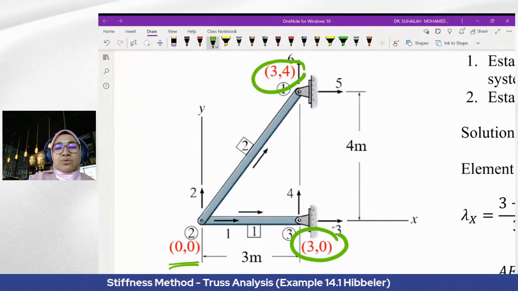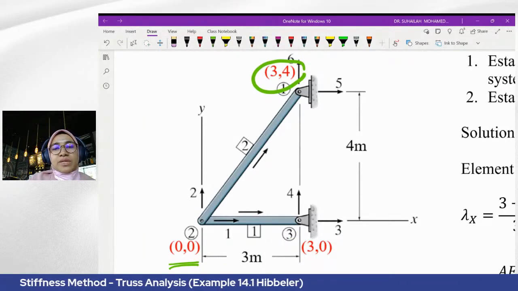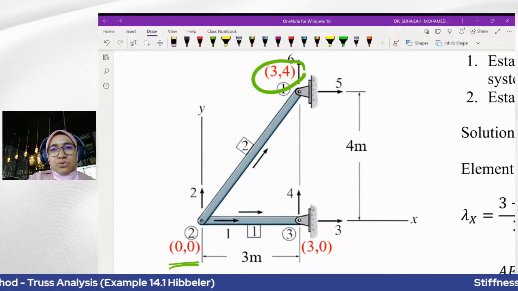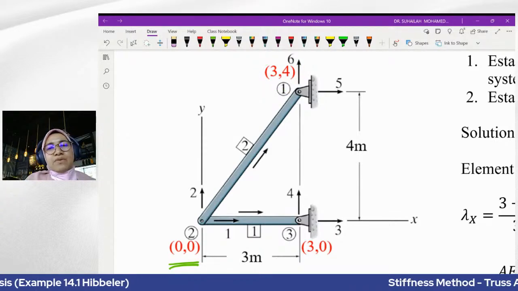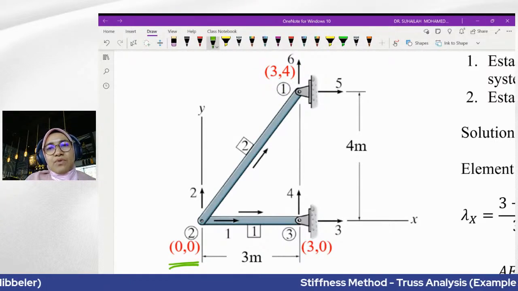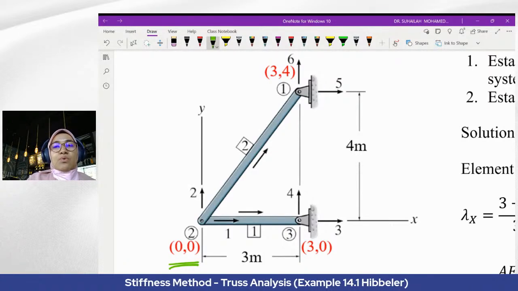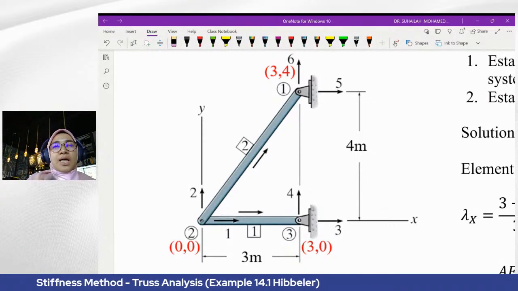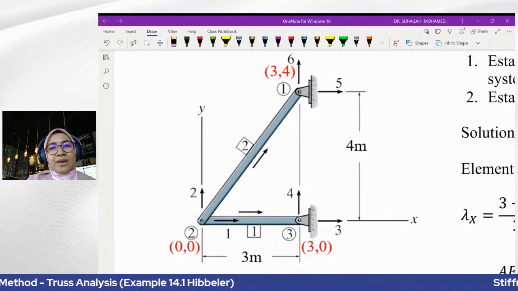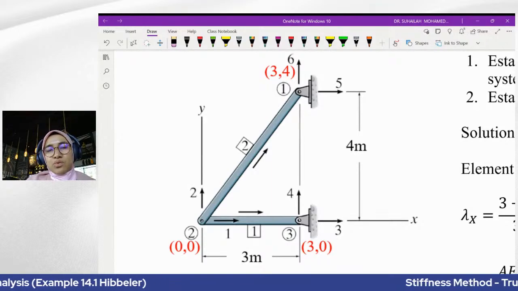So we get 3, 0 for node number 3 based on origin node number 2, and we have 3, 4 for node number 1. So these are the things that we need to make sure.